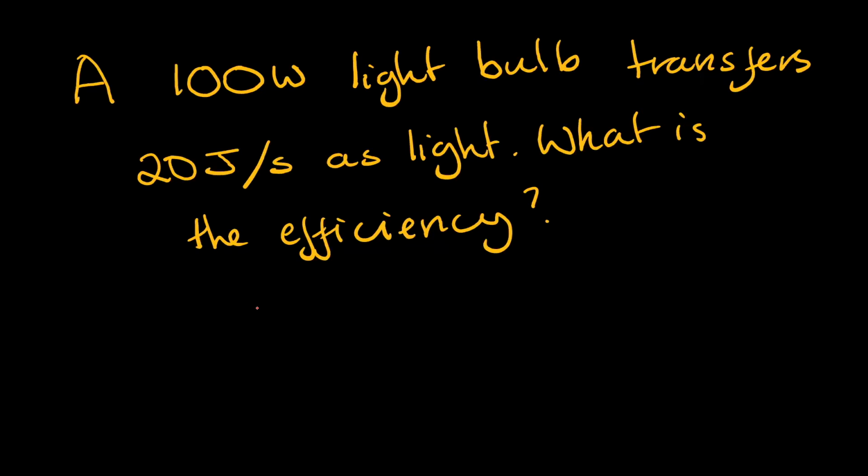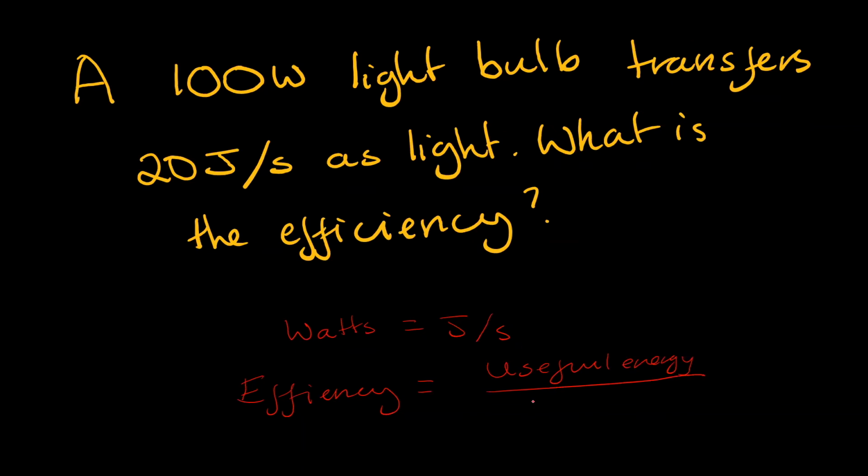A 100-watt light bulb transfers 20 joules per second as light. That's like to catch you out, isn't it? What is the efficiency? So watts is the same as joules per second. So it's saying 20 watts. So efficiency, remember, is useful energy over total input energy.